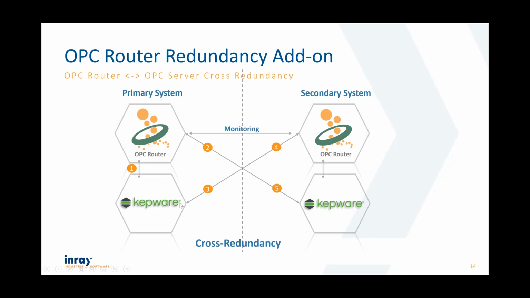If the primary Kepware system should fail, the primary OPC Router will still connect to the secondary Kepware system and get the data from there. And if you have other systems and you're not using Kepware, you're having other OPC servers, or you are using SAP or any other kind of third-party system running in redundant mode, you can create this kind of cross redundancy using OPC Router.